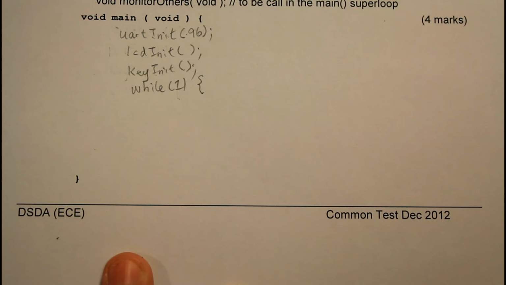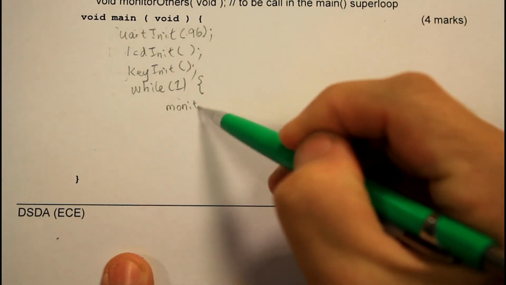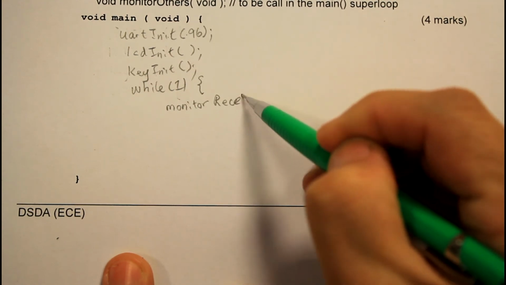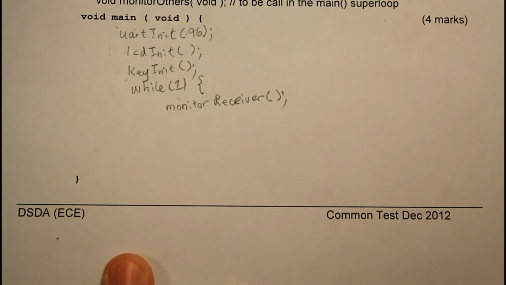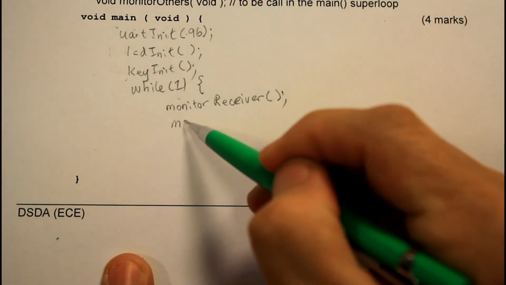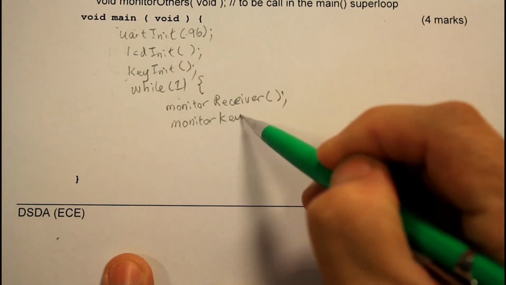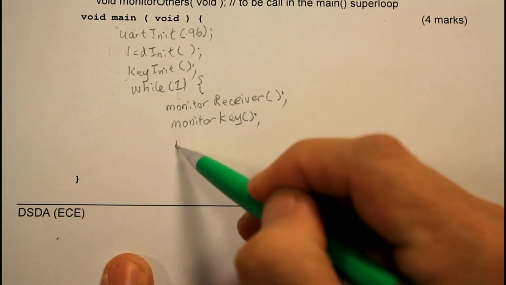First, we have to call for the monitor receiver. Then we have to monitor the key. And finally, we will call for the function monitor others.